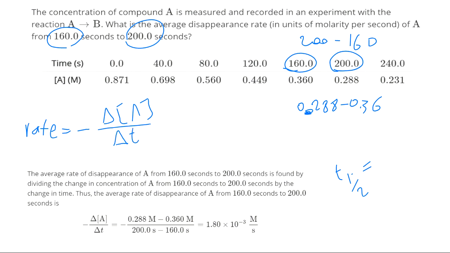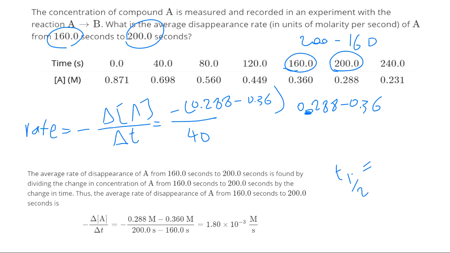So in this case, the time change is 40, and the change in concentration, 0.288 minus 0.36, is a negative value, and times this negative sign it is going to be positive.